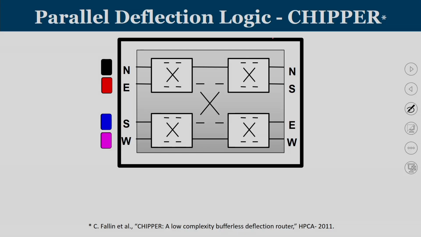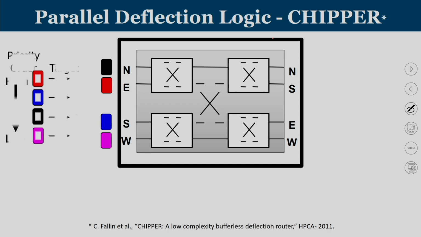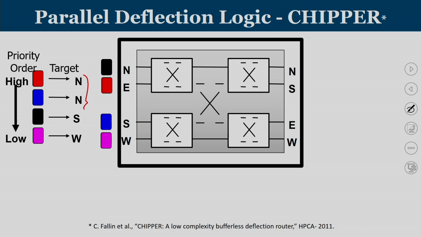This parallel deflection logic is what we have seen in CHIPPER. Let us say these are the priorities being shown. We have highest priority for red, going to the lowest priority. Red and blue wanted to go to north, the black wanted to go to the south output port, and this magenta wanted to go to the west output port.